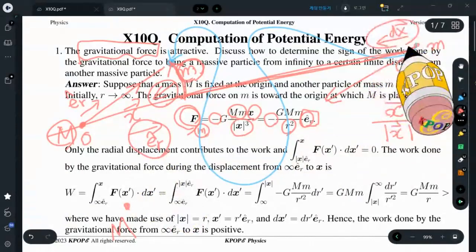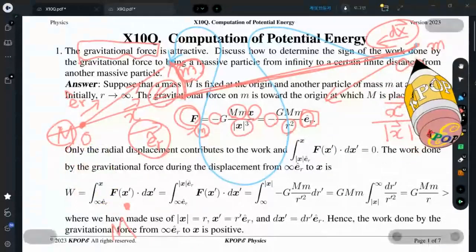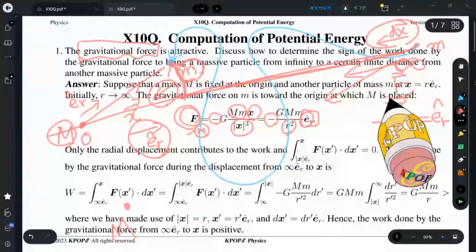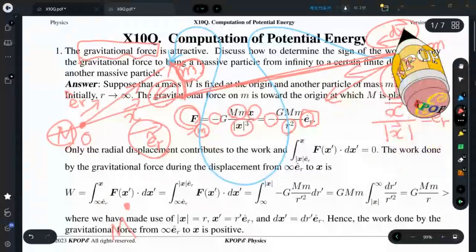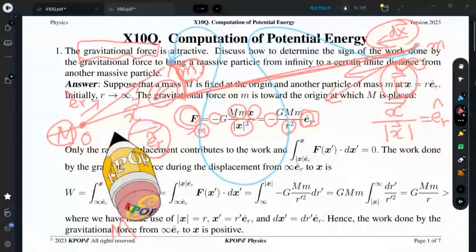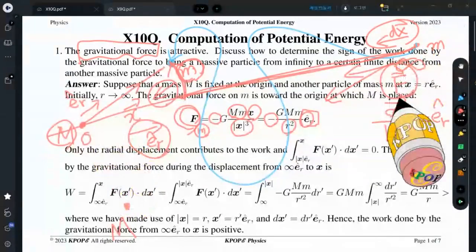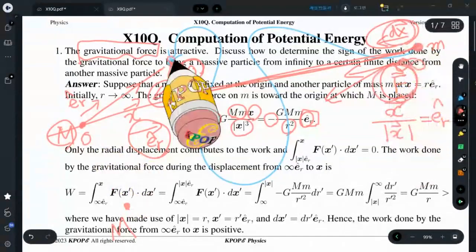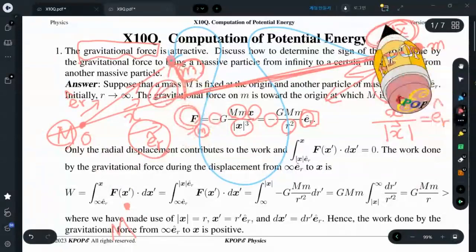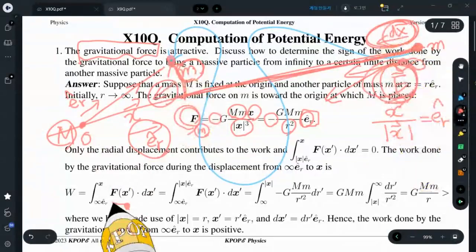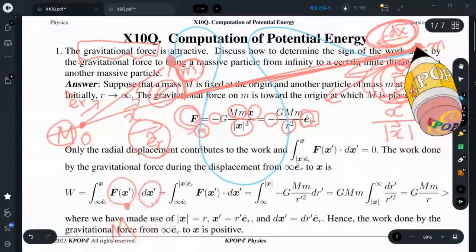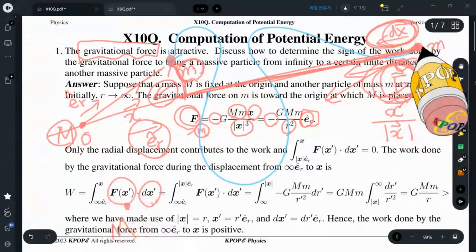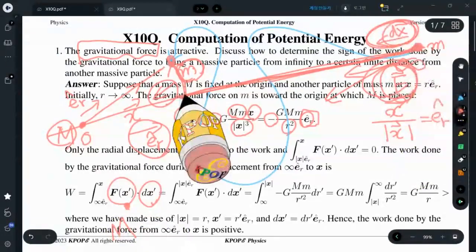Is it repulsive or attractive? It is an attractive force. This force is parallel to the opposite direction of the radial direction. So f and dx from infinity to a finite position along this path are parallel. Work done by the gravitational force from infinity to here is positive.